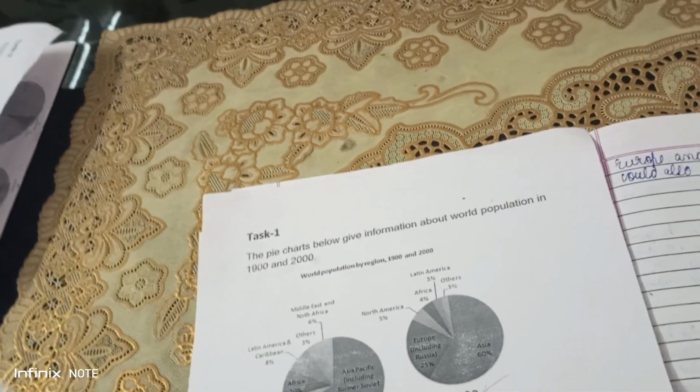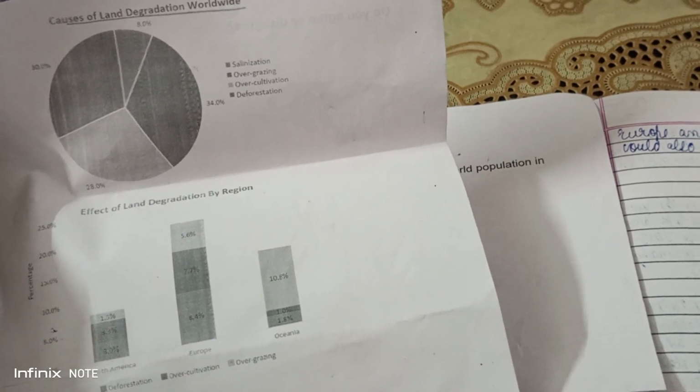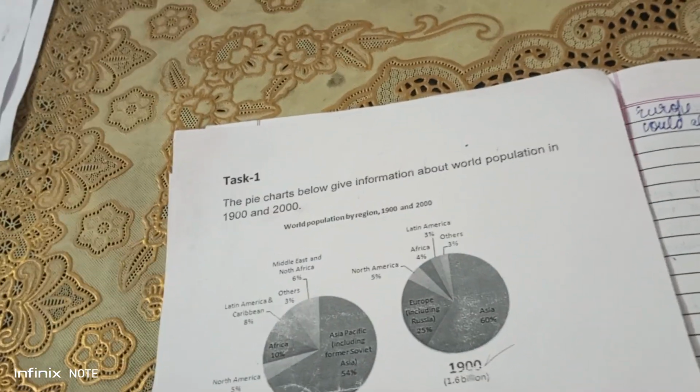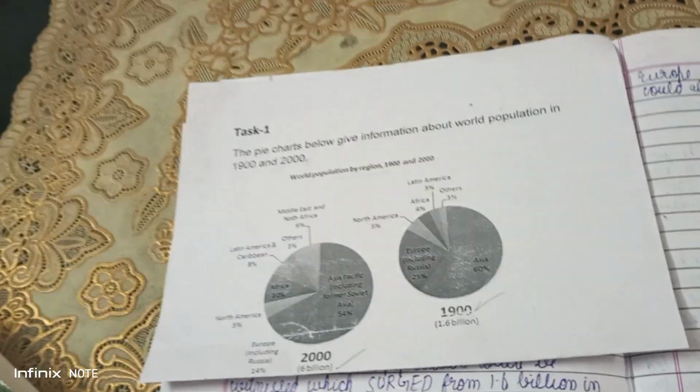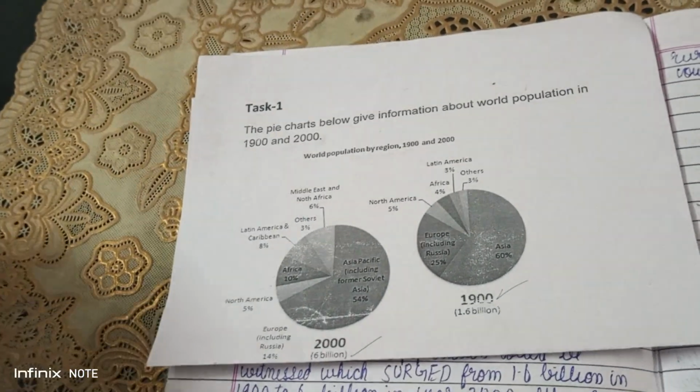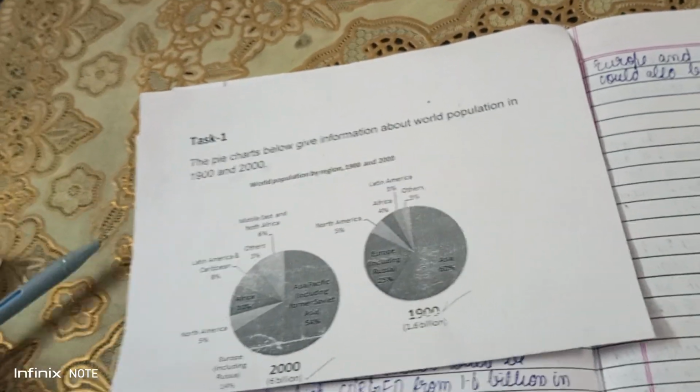In this diagram you can see a pie chart and a bar graph are given, so it can be given to you in several ways. Explanation can't be done without examples, so I will be explaining this with examples.